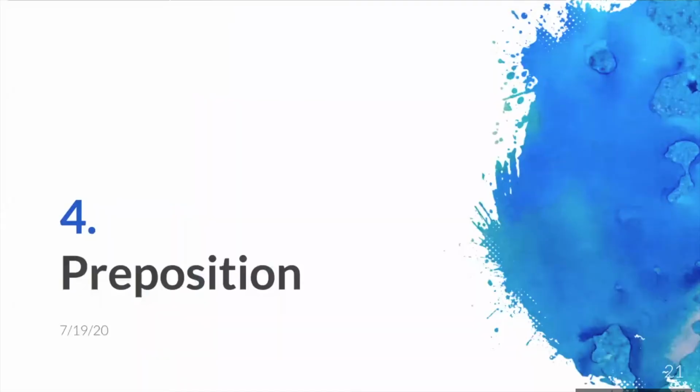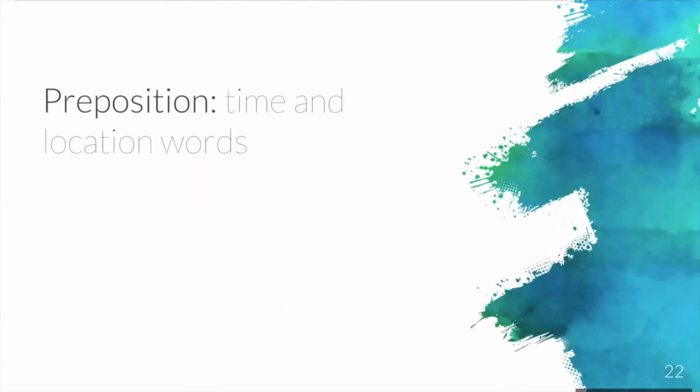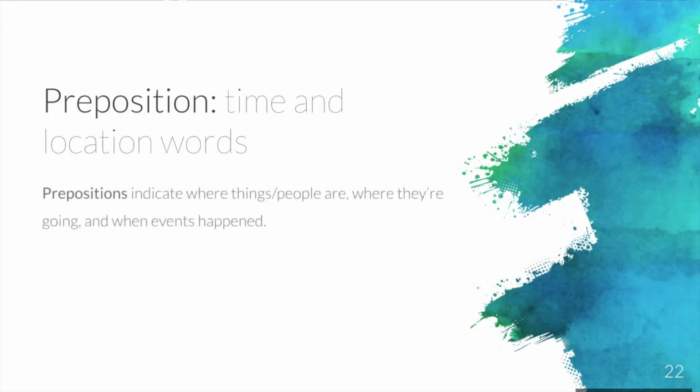So our fourth part of speech is preposition. Prepositions are basically words indicating a location or a time relative to something else. It indicates where things are, where they're going, and when certain events occur.